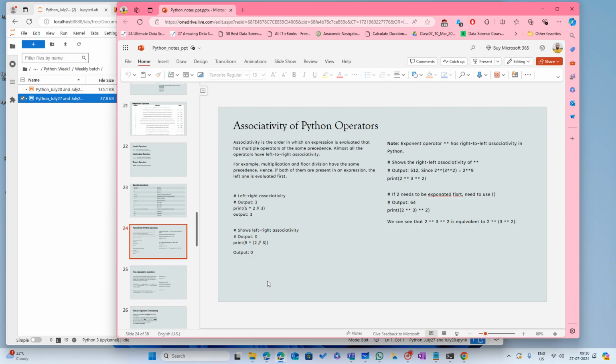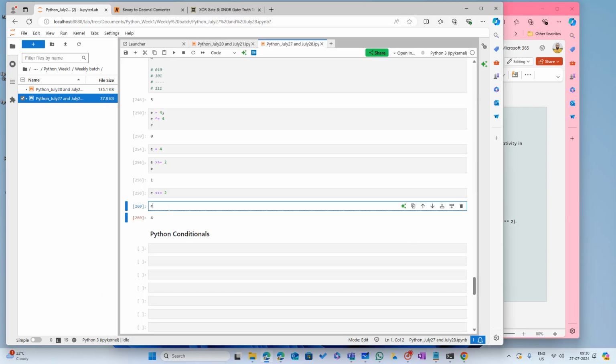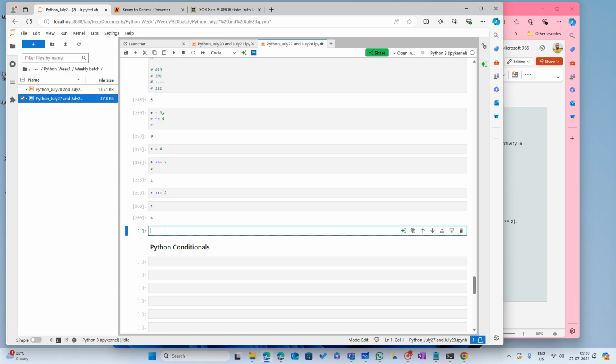See, when you type 2 times 3 times 4 plus 3 minus 6 divided by 2, when you combine a lot of operations, certain languages calculate from left to right and certain languages calculate from right to left.